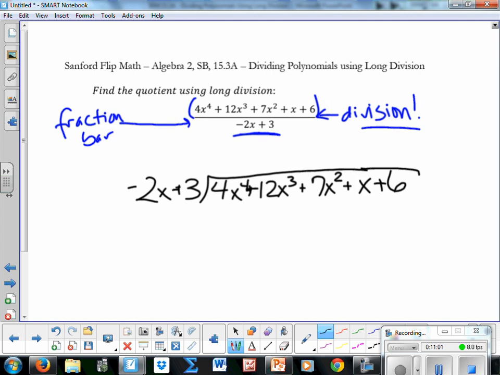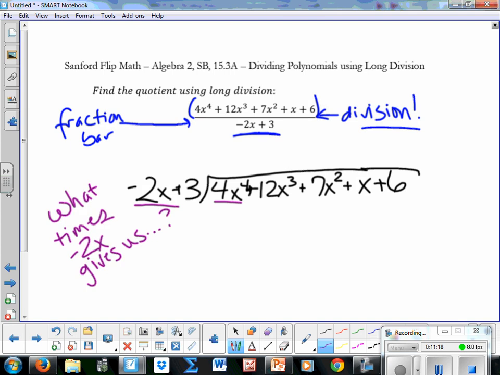So once again, we're just taking the fronts here, and we're saying what times... Now in this case, our front is negative 2x. So what times negative 2x gives us 4x to the fourth power? Now I want a positive 4, so something has to be negative up here first of all.